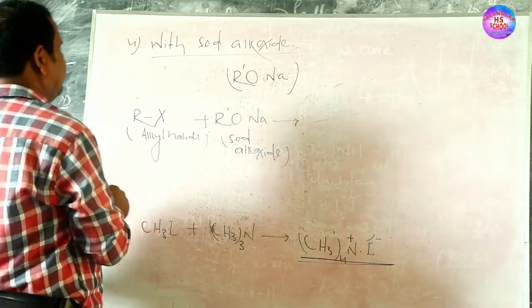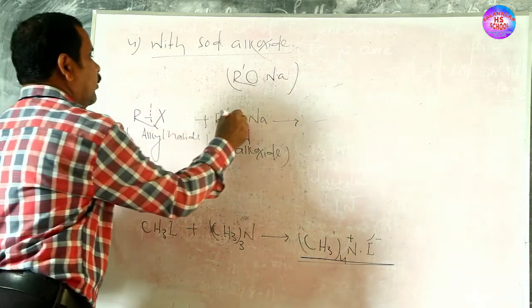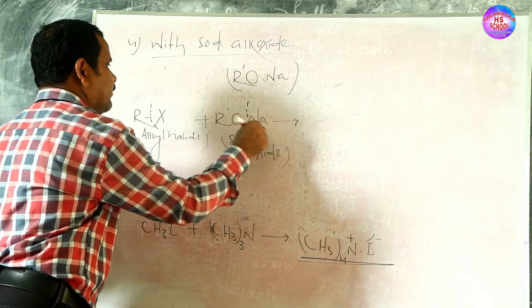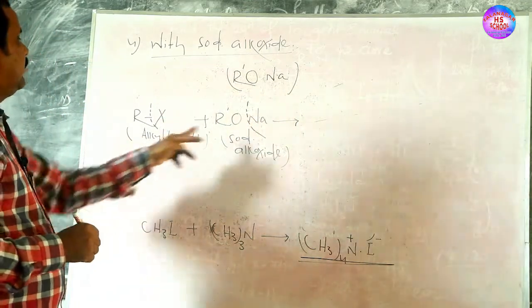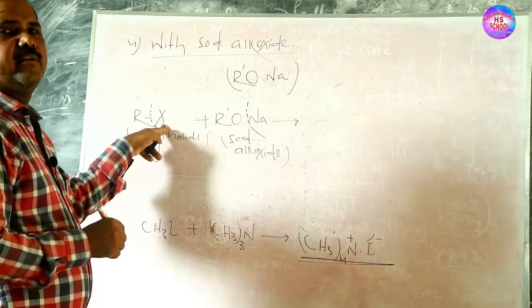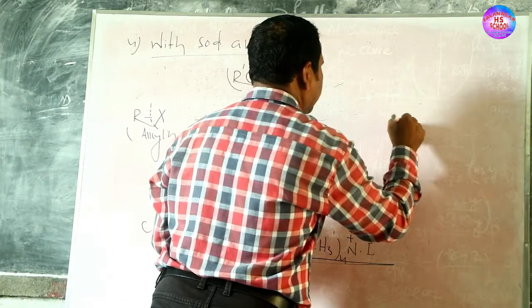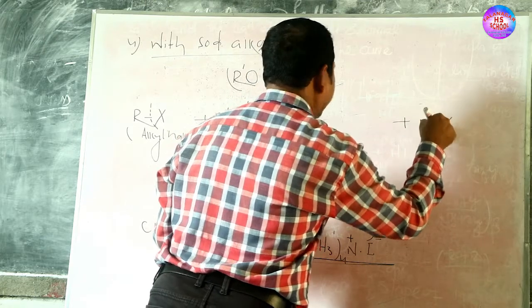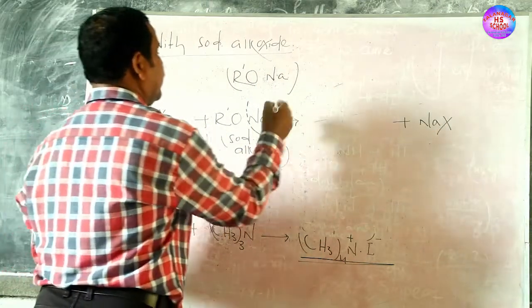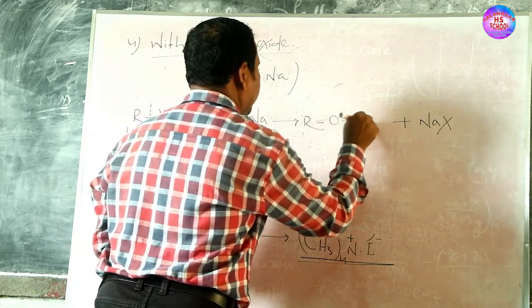To produce, the R-X bond breaks and the O-Na bond also breaks. So we get sodium halide. If X equal to bromine, we get sodium bromide, NaX. Here we get R single bond O single bond R'.